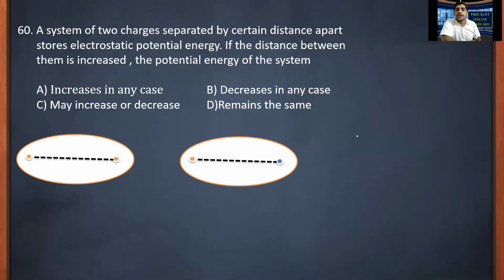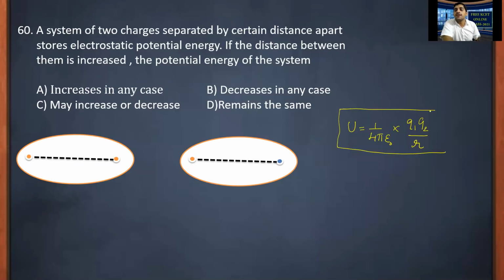Okay. So what is the potential energy formula we have? U is equal to 1 by 4 pi epsilon naught into Q1 Q2 divided by R. Right? So this is the formula we have.